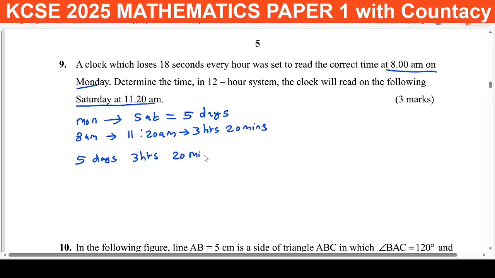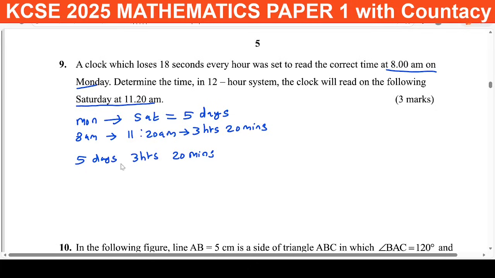That's the time that it takes to move from Monday 8 a.m. to Saturday 11:20 a.m. But you see this one, it's kind of mixed up because you have days, you have hours, you have minutes, and later on here we are really dealing with seconds and hours. So it's a good idea if we can convert all these into something that is similar. For our case, to make our work easier, we can convert this one into hours.